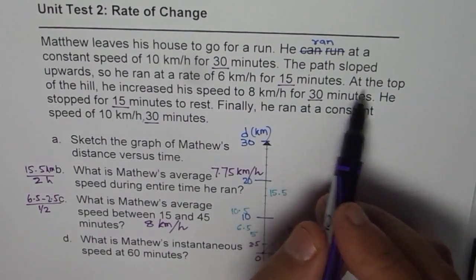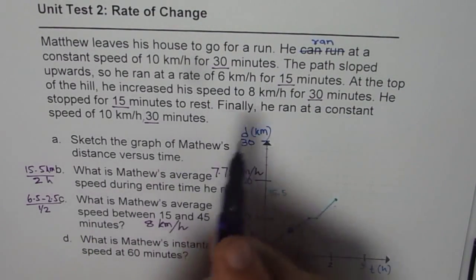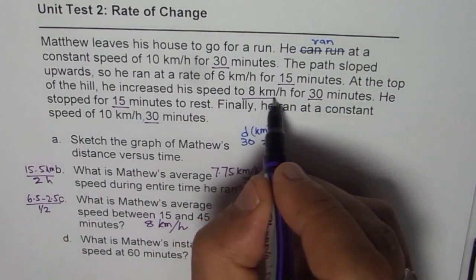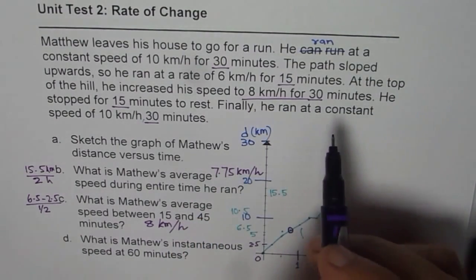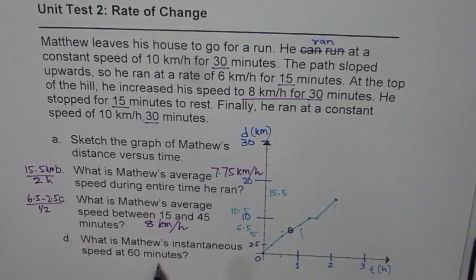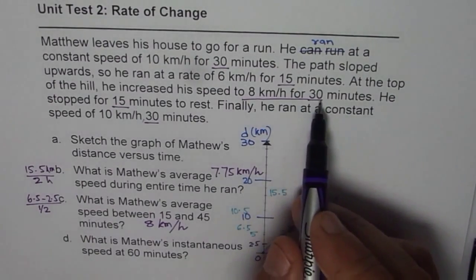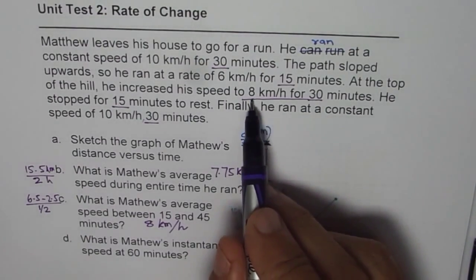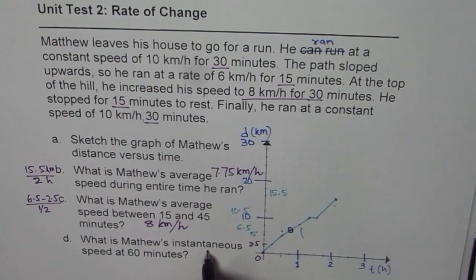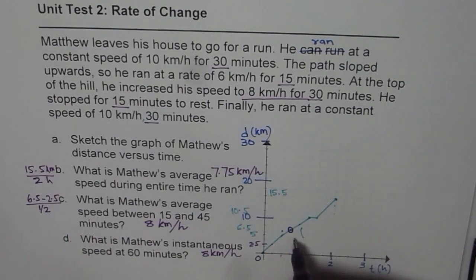Now, at the top of the hill, he increased his speed to 8 kilometers per hour, right? So 60 minutes means 1 hour. At that time, he's running at the speed of 8 kilometers per hour. It is the slope at this point, which will be 8 kilometers per hour, right? So that is how you can answer such questions, right?